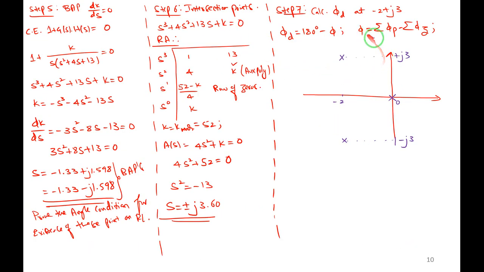Then no zeros are there. The point under consideration is minus 2 plus j3. So join the points from the remaining poles. This is the first pole, let me join it, and let this angle subtended by the first pole be phi p1. Then let me join from the second pole, and this angle subtended I call phi p2. No need to calculate, it is directly 90 degrees. So we will calculate phi p1 and phi p2.